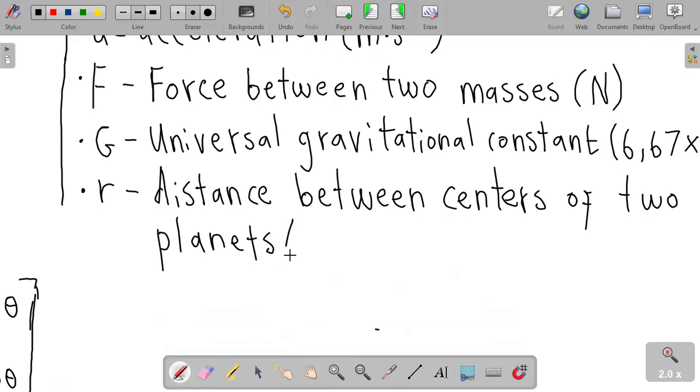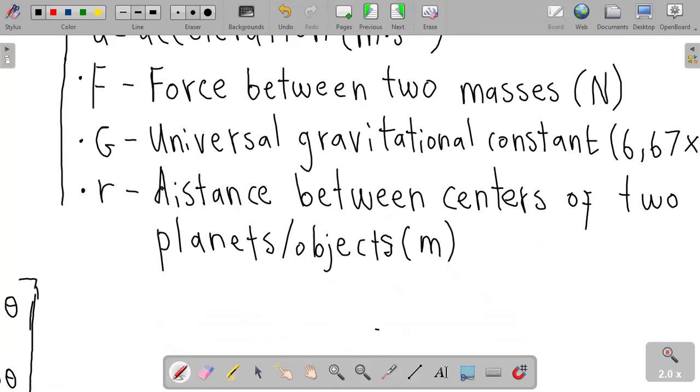So it could be planet or it could be object. And it should be measured in meters.